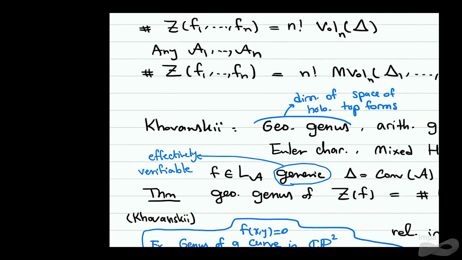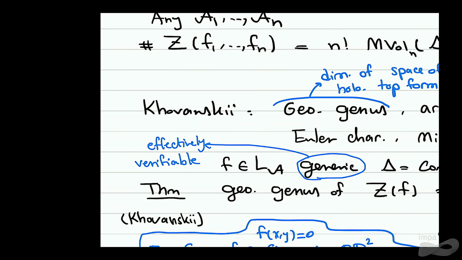Given a bunch of equations with given Newton polytopes, you can effectively, by some derivative computations that go back to Khovanskii, work out whether the f_i's are generic, that is, whether the number of solutions is equal to the bound or not.